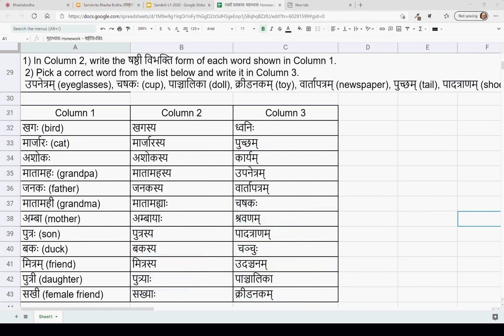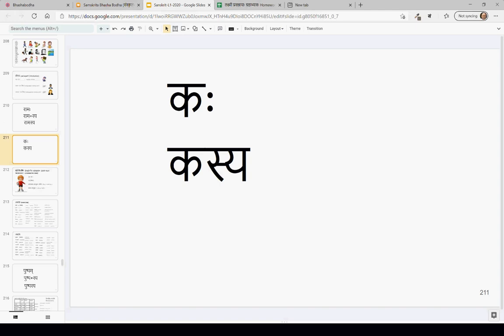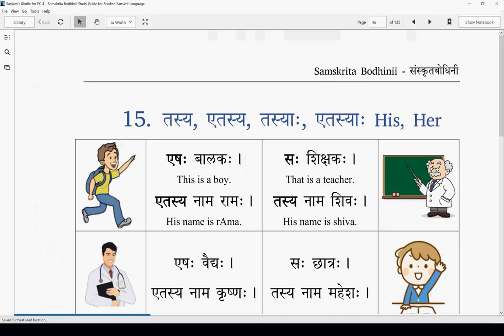Now, corresponding to these, we have also seen three more words. Let's finish this one. Tasya, Etasya, Tasyaha, Etasyaha. These words are pronouns. In Sanskritam, they are called Sarvanama Shabda.